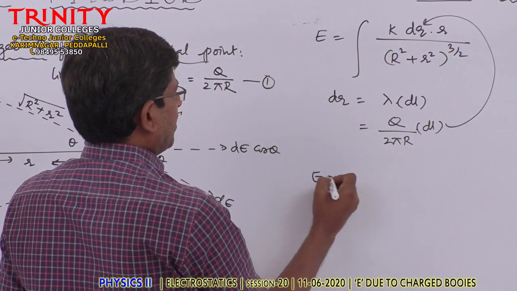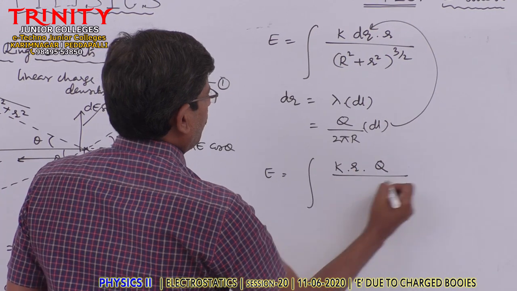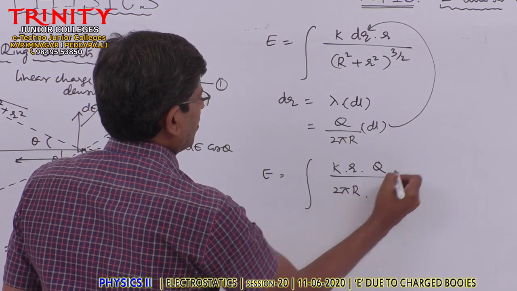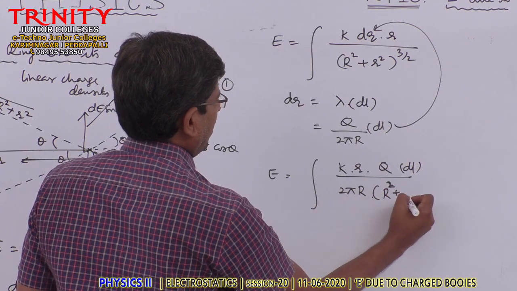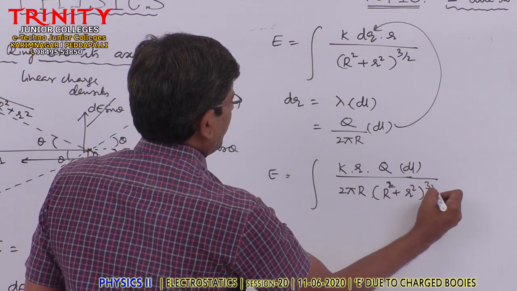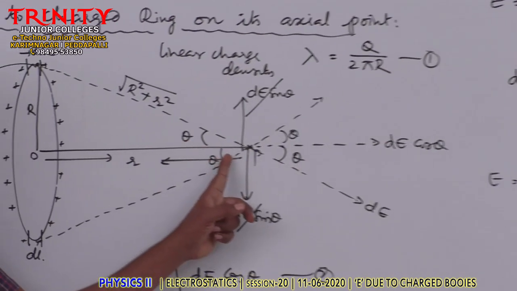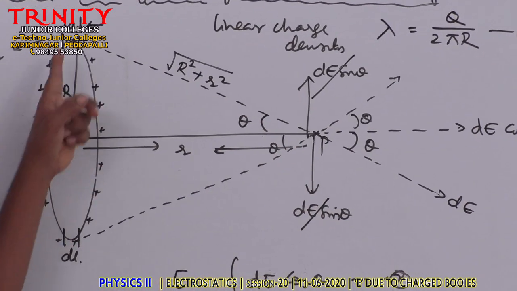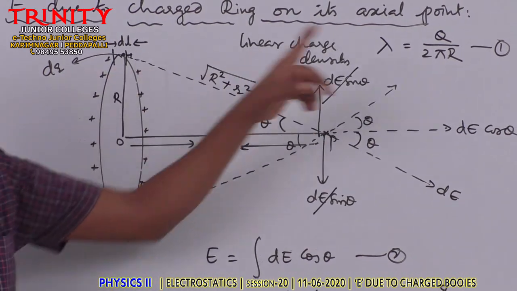Then what you will get is k r, dq is nothing but q by 2 pi r dl comes here, and what is here? R square plus r square to the power of 3 by 2. What are the constants here? See, r is constant, that means you have taken a point at a distance r from the center, that is constant, and the radius is constant, and the total charge is also constant.